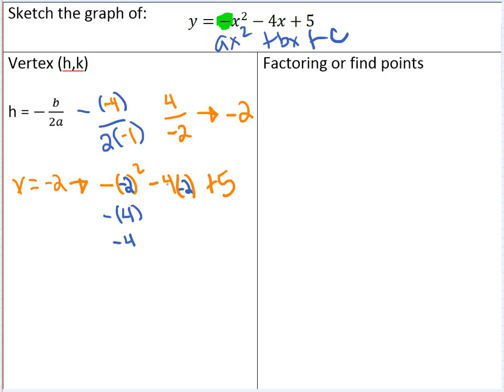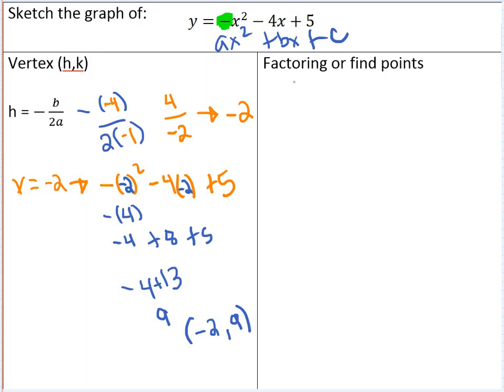Negative 4 times negative 2 is positive 8 plus 5. 8 plus 5 is 13 minus 4. So we have 13 minus 4, which is 9. So now my vertex is at negative 2 and 9.